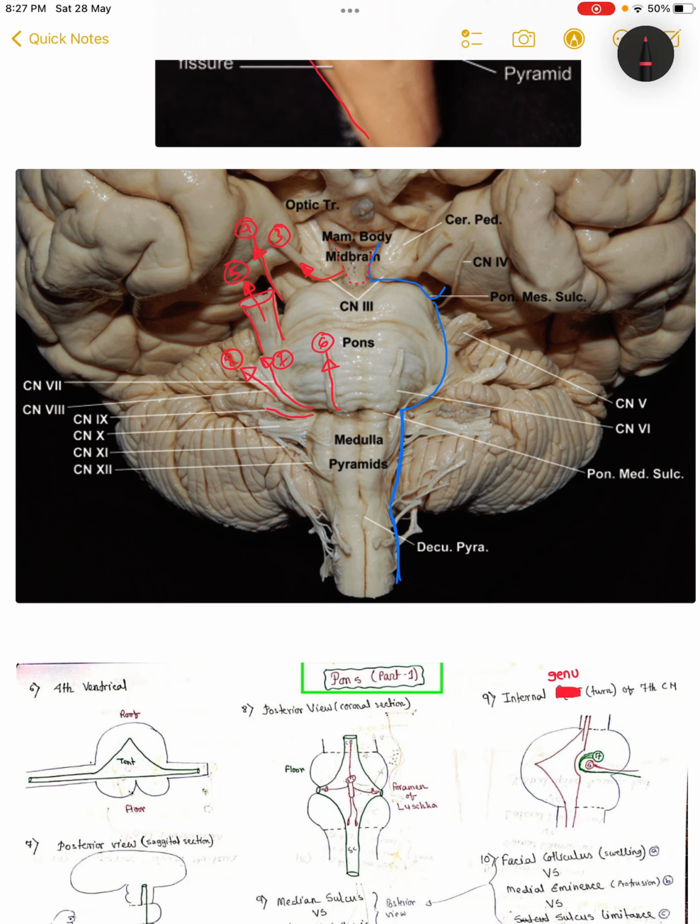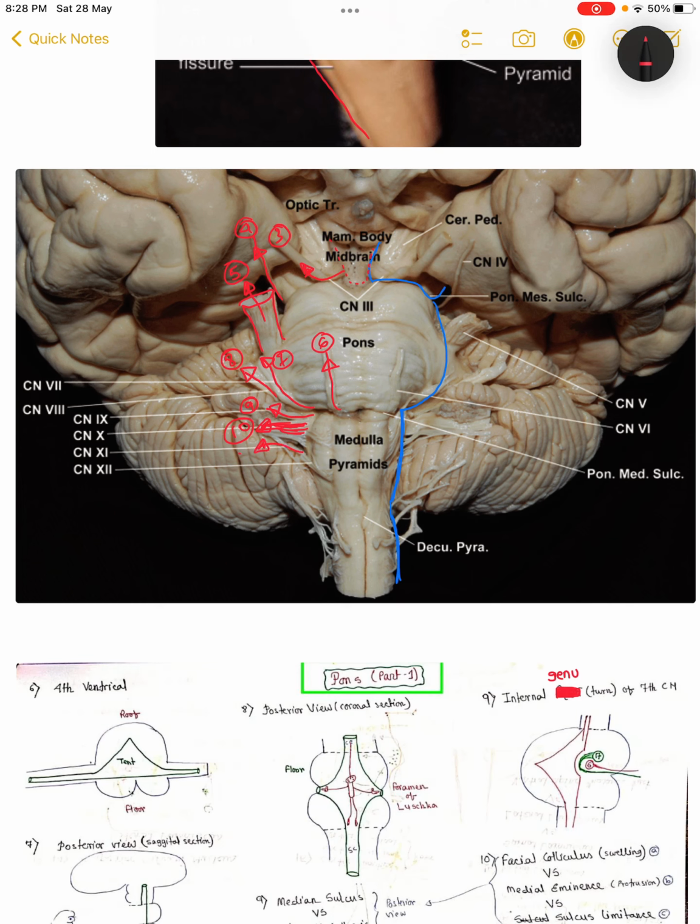Now see more below, at the level of the medulla oblongata, superiorly you will see this nerve. This is our glossopharyngeal nerve. Then you see this big nerve, and this is our vagus nerve. Then just below here you can see another nerve coming like this.